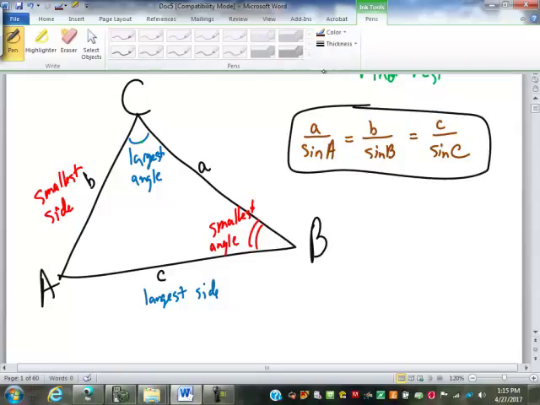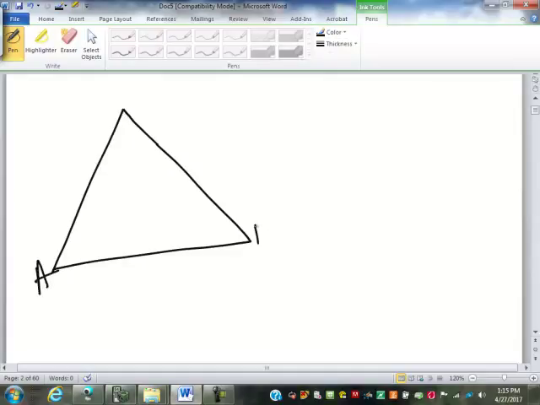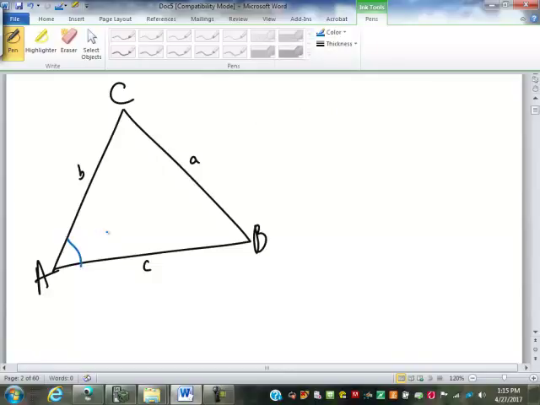So what does that mean? If I tell you that angle A here is 52 degrees, side A here is 32 feet, and angle C up here is 77 degrees.